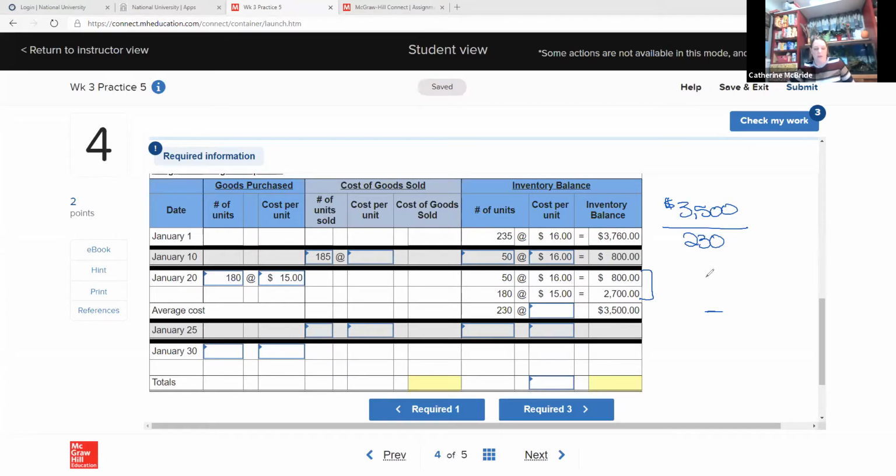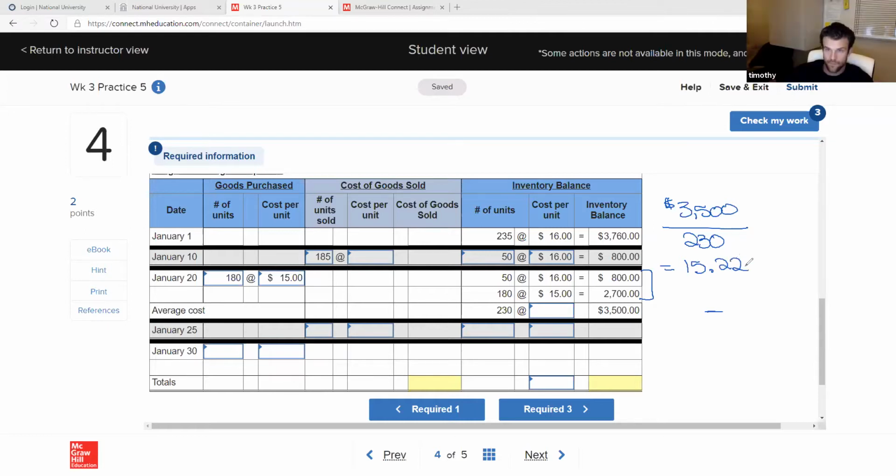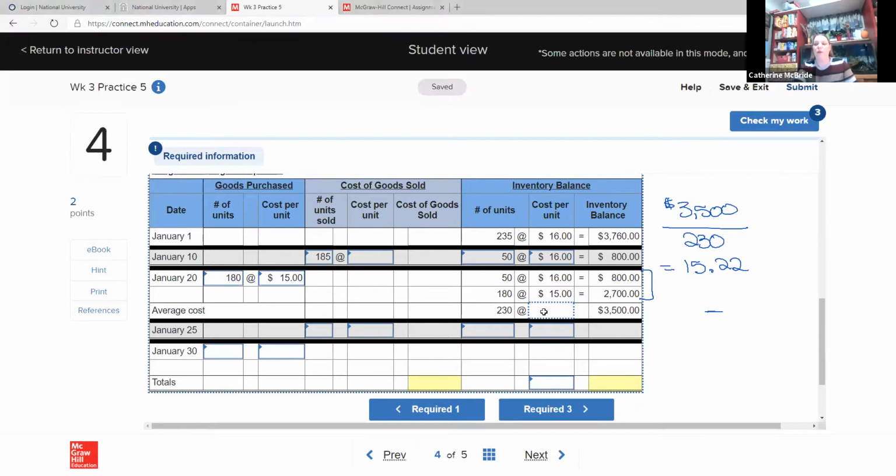So if we spent $3,500 on 230 units, then our price per unit must be $15.22. So that's what we're going to put here. We're going to use 230 units at $15.22. That's the only layer that matters now.